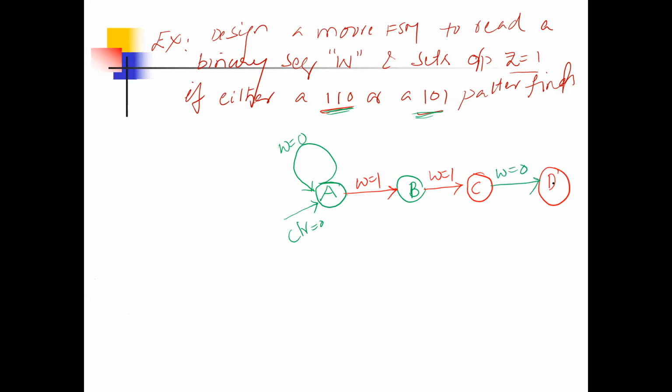The next state is D, and we should make output Z equal to 1. Okay, this is one case.